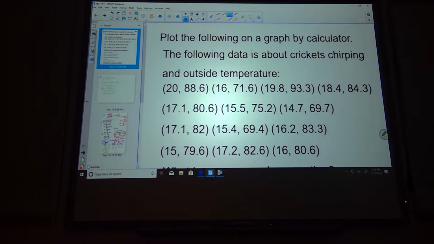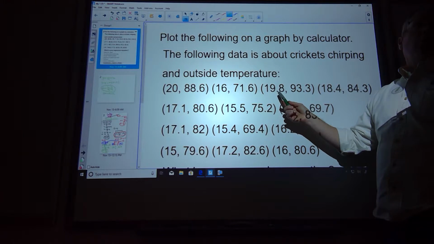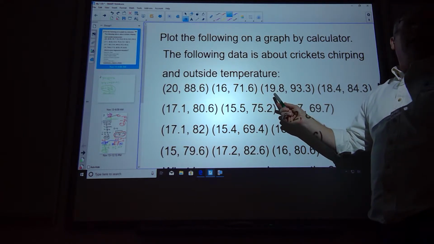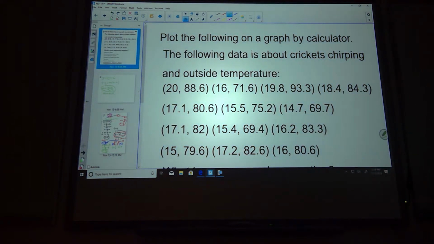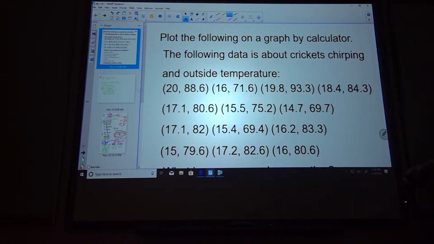So what's going to happen is we all will come back after a little while and say, okay, I noticed when it was this temperature that we got so many chirps per minute. So let's say some groups got 21, some got 19, some got 18. So what we do is we basically take the average of everyone's data, divided by the number of people. That's how we're getting partial numbers.